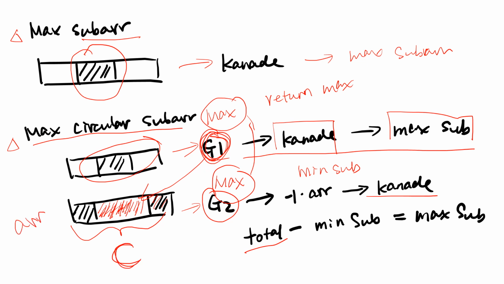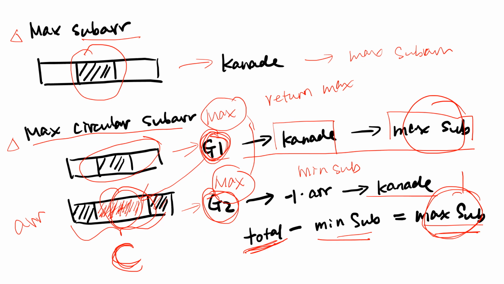So if we take the total value minus the minimum subarray in group one, that will give us the maximum subarray in group two, because group two is nothing more than the rest of the array after the total array minus this part. With this method, we have the maximum subarray in group two, compare it with group one's output, and return the bigger result.